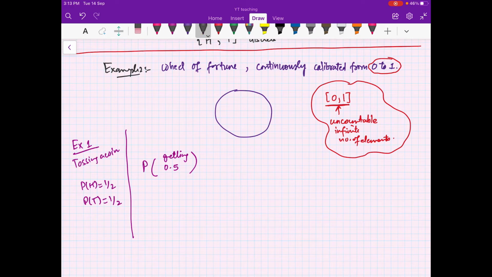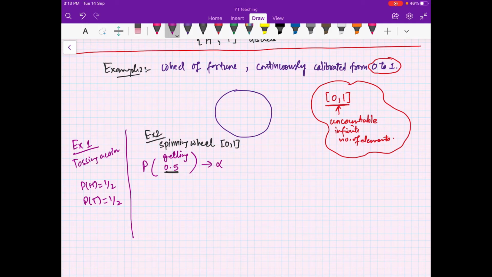And here, if I ask you what is the probability of getting the number 0.5, this is example 2, spinning a wheel whose possible outcomes are in the interval 0 to 1. Now suppose you say that this is some number, say alpha.